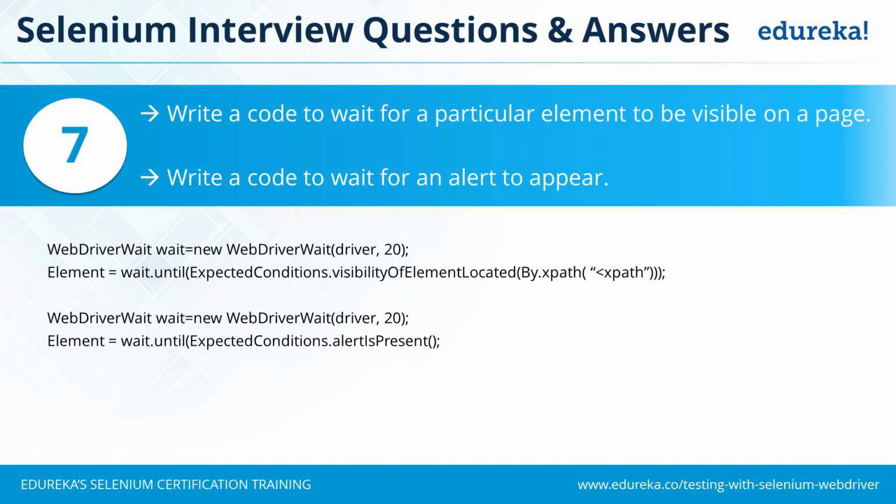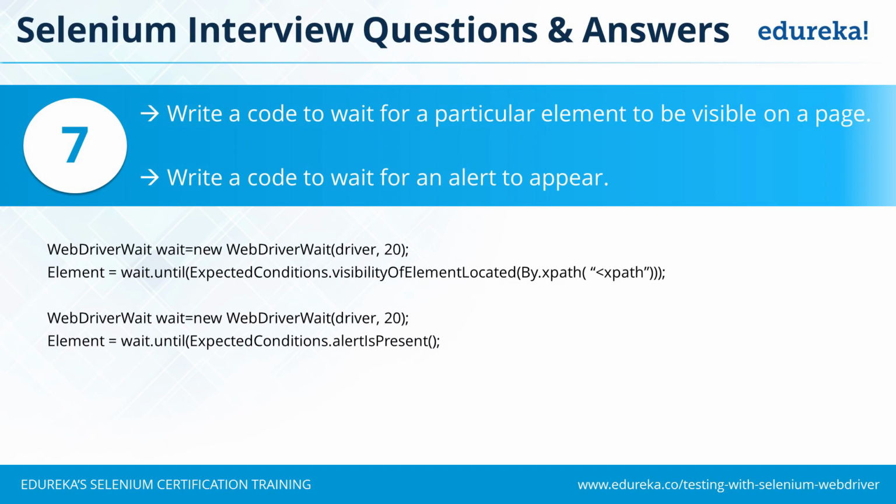So what this does is, it will first wait until the expected condition, that is an element to be visible on the screen, which is located by the XPath. Over here, you can give whatever XPath you want for that element. And once this element is visible, it stores it in a variable of type web element, which we have named element. So once this is available, it gets stored into element.